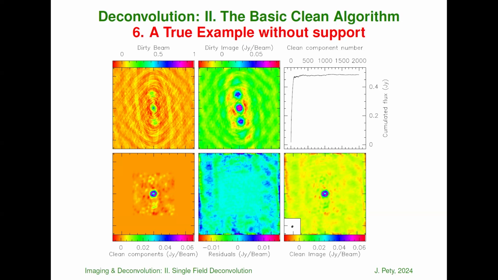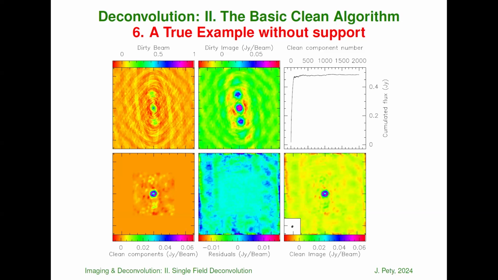This curve, the cumulative flux, becomes flat with a high number of clean components. Then you have the residual. Another way to know that you have converged is that the residuals look like noise. Here you have the list of clean components that has been regularized with the synthesized beam, and here you have the sum of the two, which gives you the clean image.